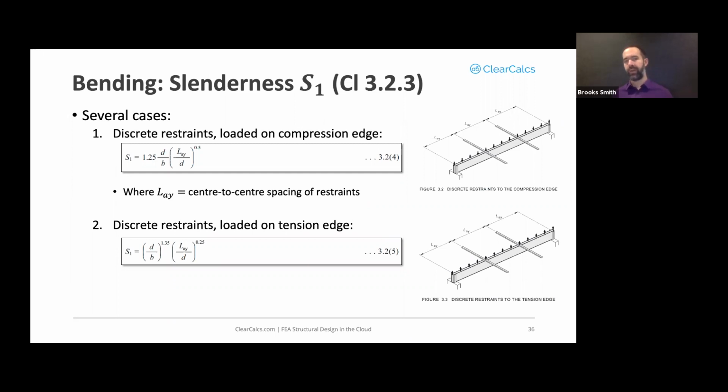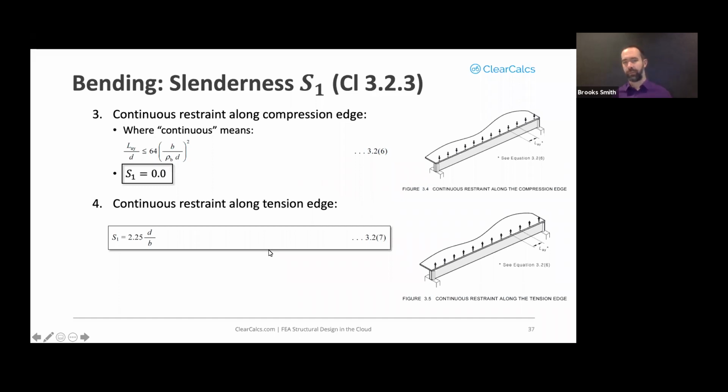So first, if you have discrete restraints and are loaded on the compression edge of the timber, then your S sub 1 value is this top formula, which is a function of the depth and breadth of the beam, as well as the L sub AY value, the center-to-center spacing of the discrete restraints that you're making use of. Plug that in, there's your S sub 1. If you're loaded on the tension edge, that's a little less conservative, so you have a different formula that you make use of on the bottom of the screen here.